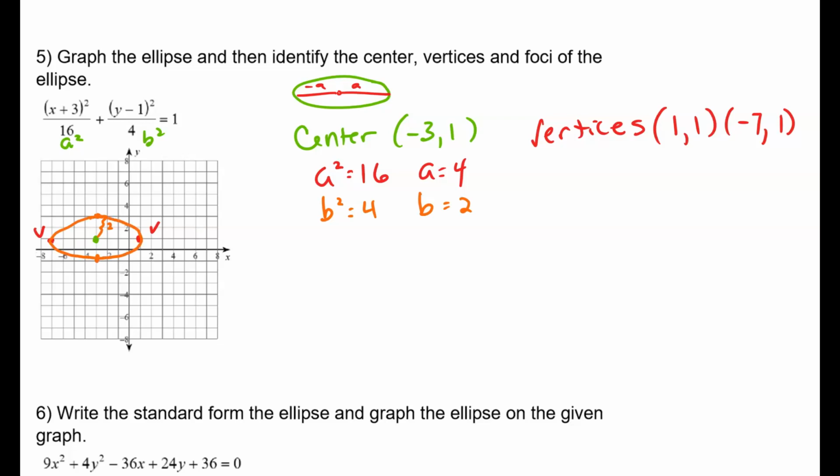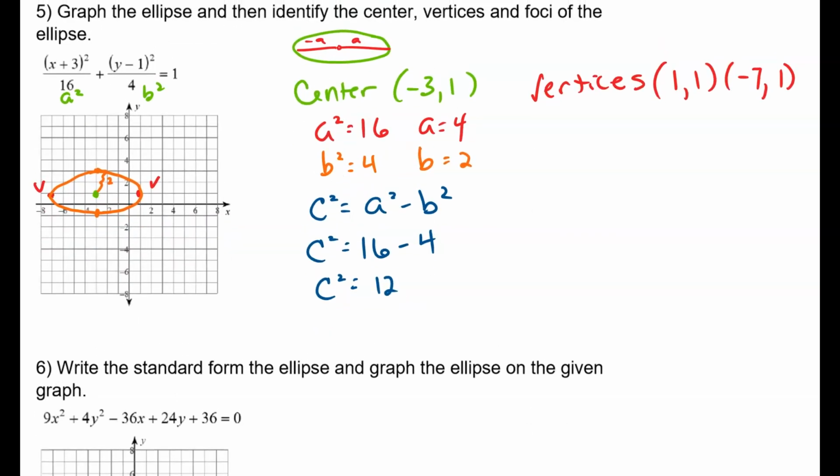But what is b really helpful for besides that? That also helps you be able to find your foci. And we're going to use the formula c squared equals a squared minus b squared. So c squared: a squared is 16, b squared is 4, so c squared is 12. We're going to take the square root of both sides here. c is going to be 2 root 3.